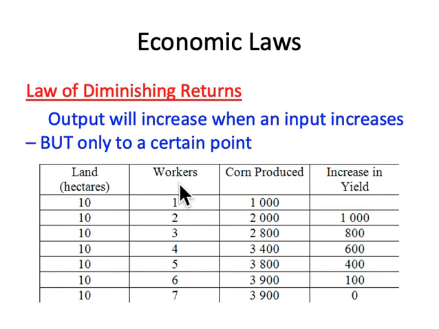It's just these workers are too many for the scarcity of the land, right? Because we have scarcity, we can't get more land, therefore our returns will diminish, right? This is a law. This will happen inevitably. In all scenarios, if there is scarcity of an input, then we will have diminishing returns eventually, okay?